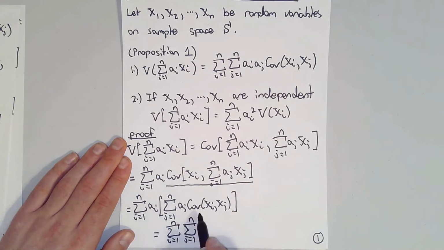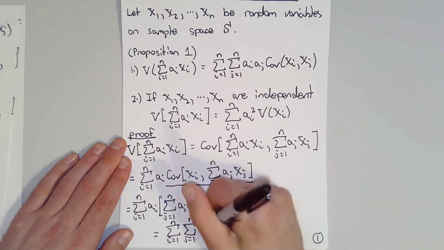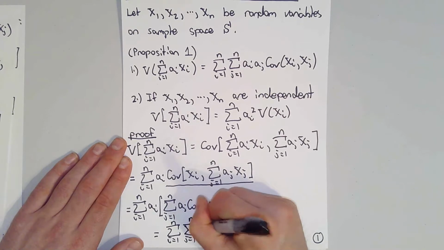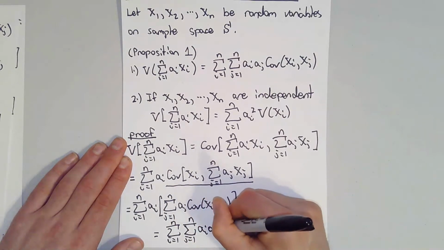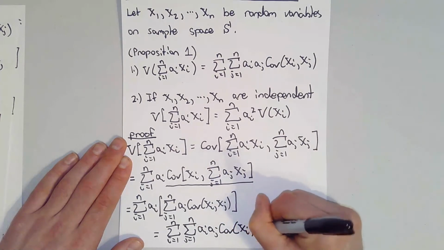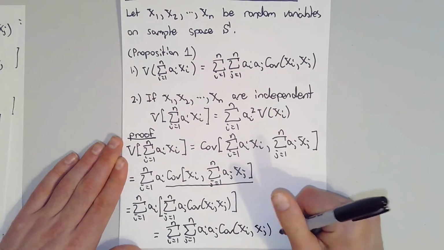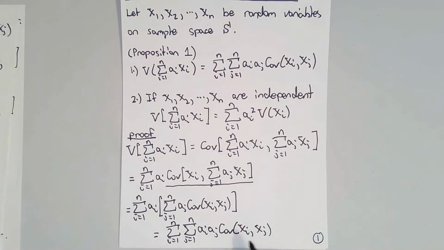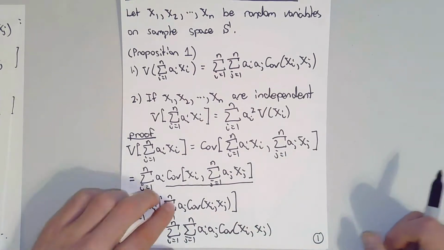Distributing the a sub i over each term in the inner sum, we get this. This is a direct consequence of that last theorem that we showed in the last video, which essentially says that the covariance operator is linear in each component.